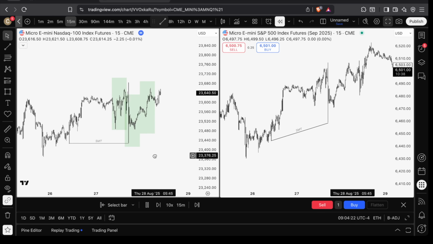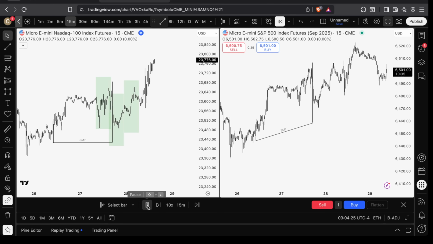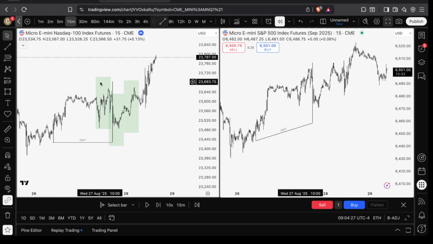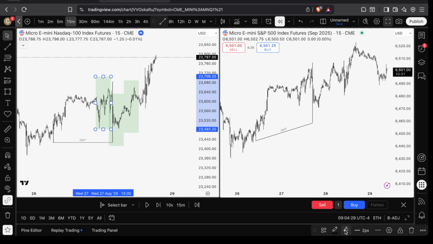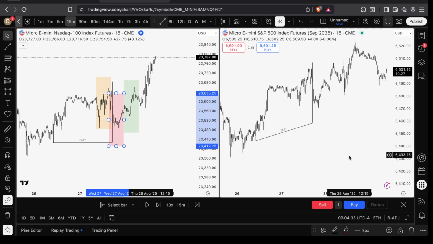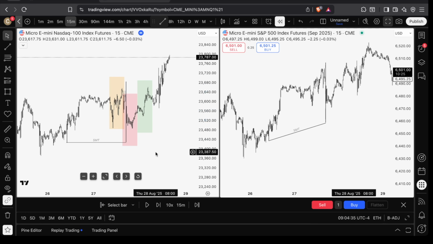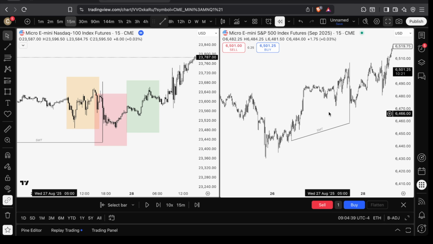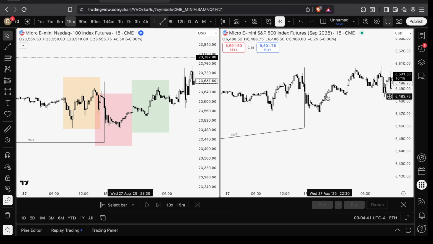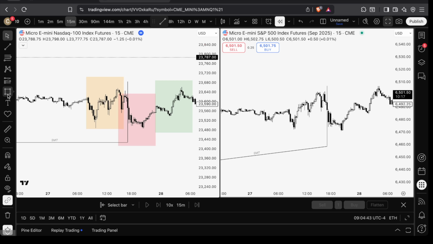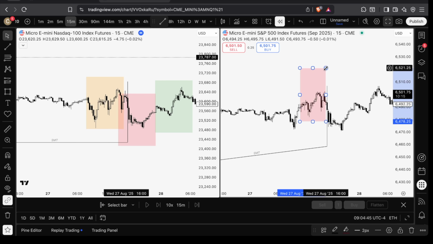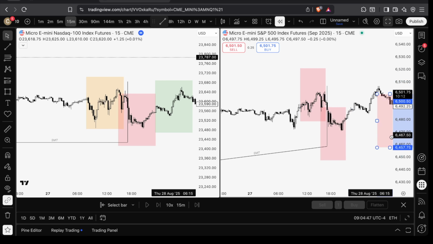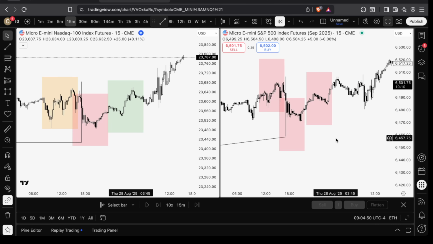If I play it out, accumulation, manipulation, distribution. This is looking at 15 minutes and it's the same thing on ES. Accumulation, manipulation, and distribution.